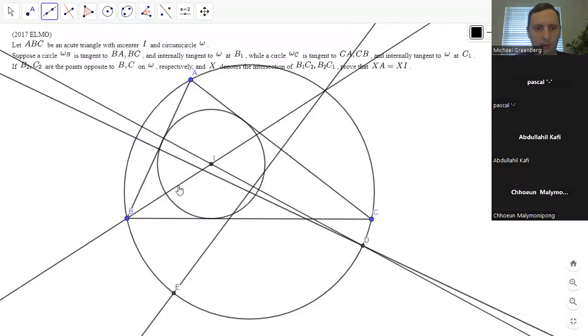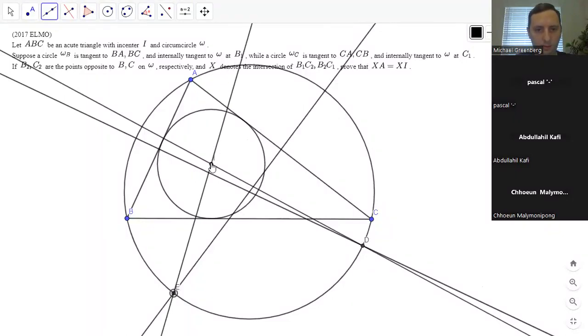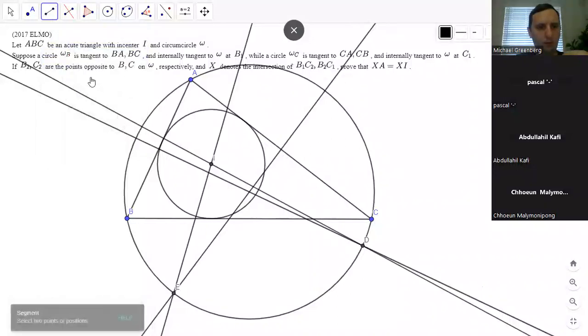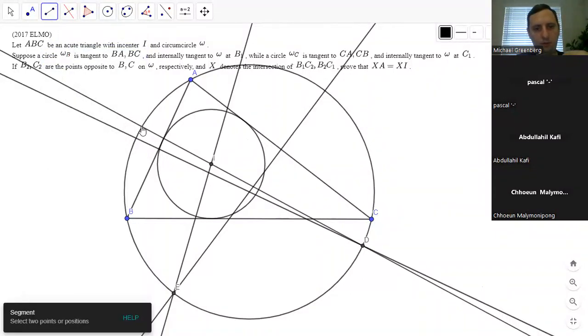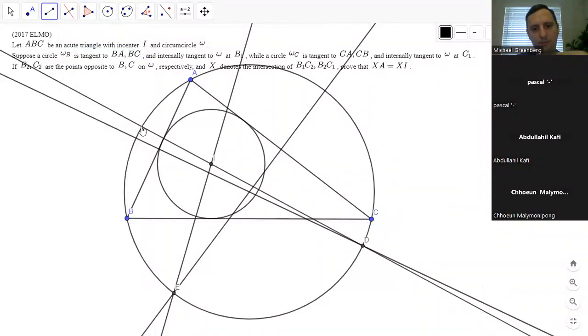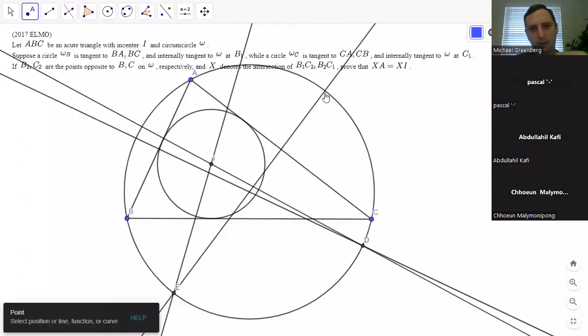Oh, why did I draw BI? I meant to draw BI. So these are going to be where they're tangent. And also, let's draw these. So this point is the midpoint of this arc.